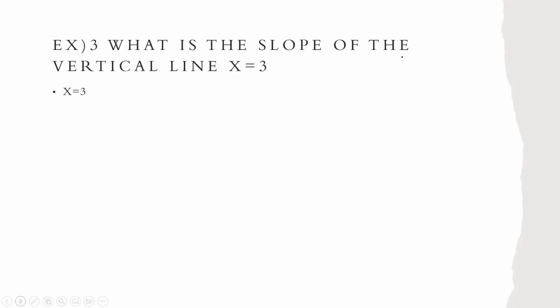Example 3 says, what is the slope of a vertical line x equals 3? I remember in the previous lecture, if it was a vertical line, the slope is undefined. And now I will explain why it is undefined.